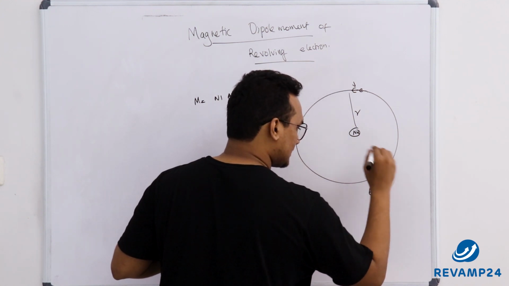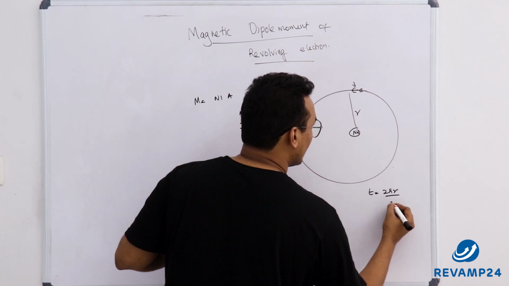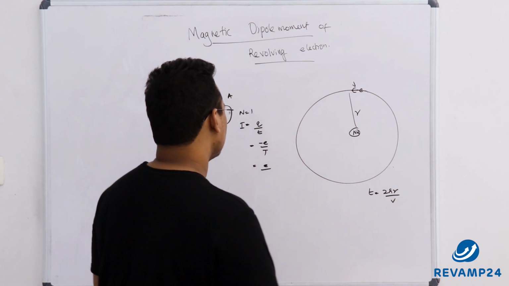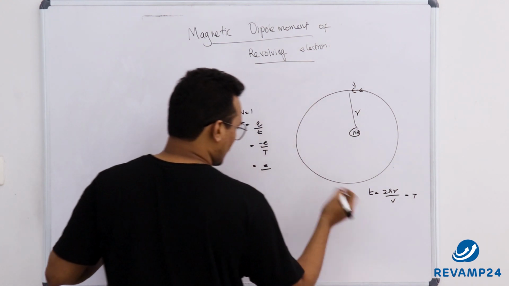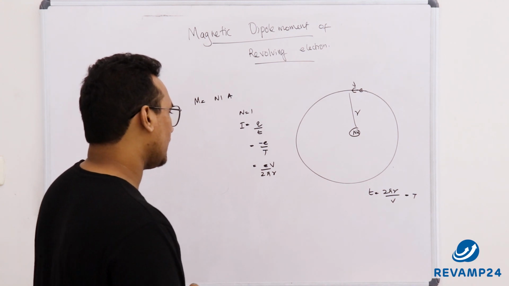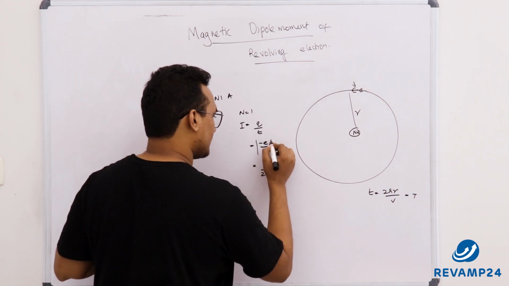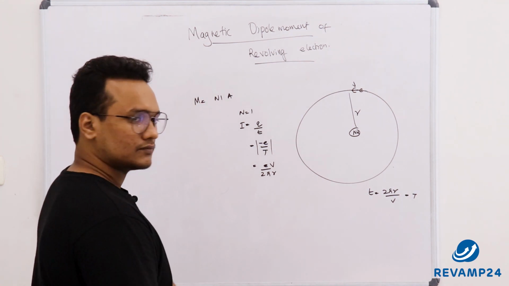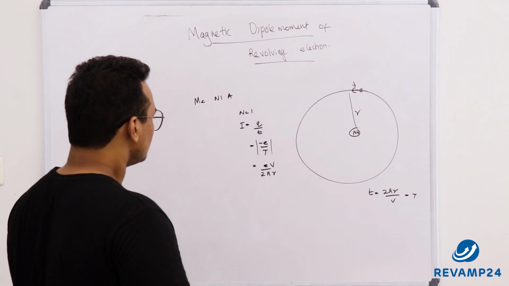Time is equal to distance divided by velocity, so 2 pi R divided by V. I will substitute this as the time period. So current is EV by 2 pi R, when I am taking the magnitude of current. The direction is opposite to the electron's motion.